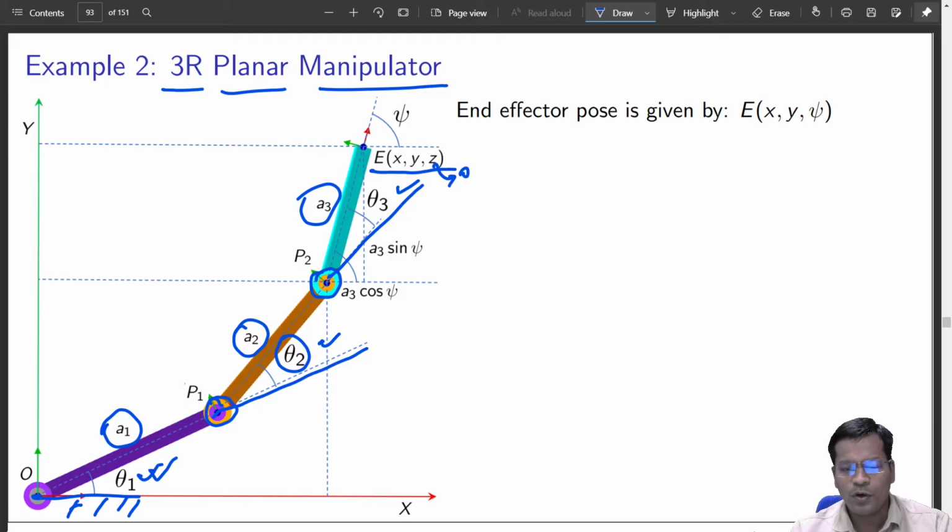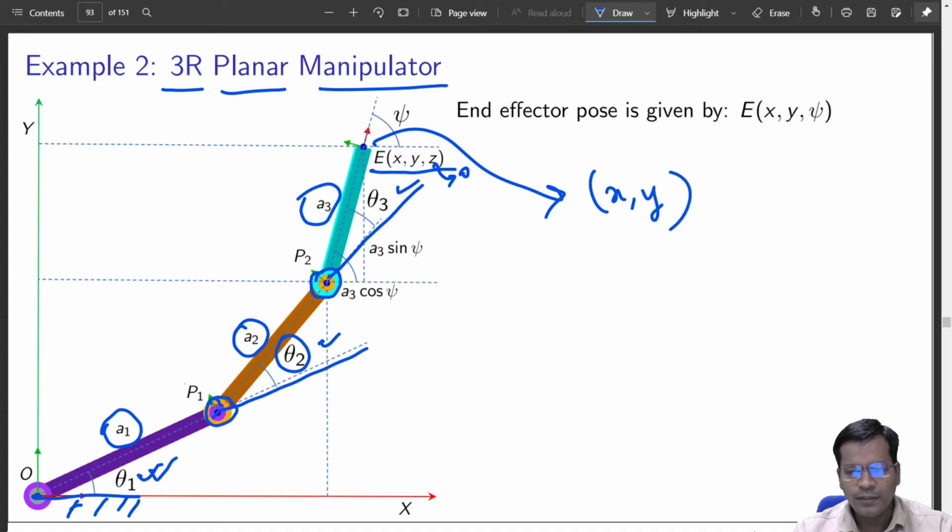So apart from having position XY, okay, this robot can take this point to a position XY. If at all it is an end effector or a gripper, it can take it to a position XY, and it can also orient this gripper in multiple ways.